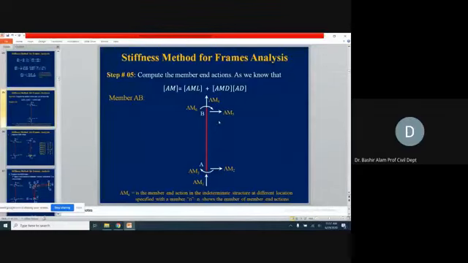These are my reference positive directions for the member end actions, so I pick my values for the AML and AMD accordingly.